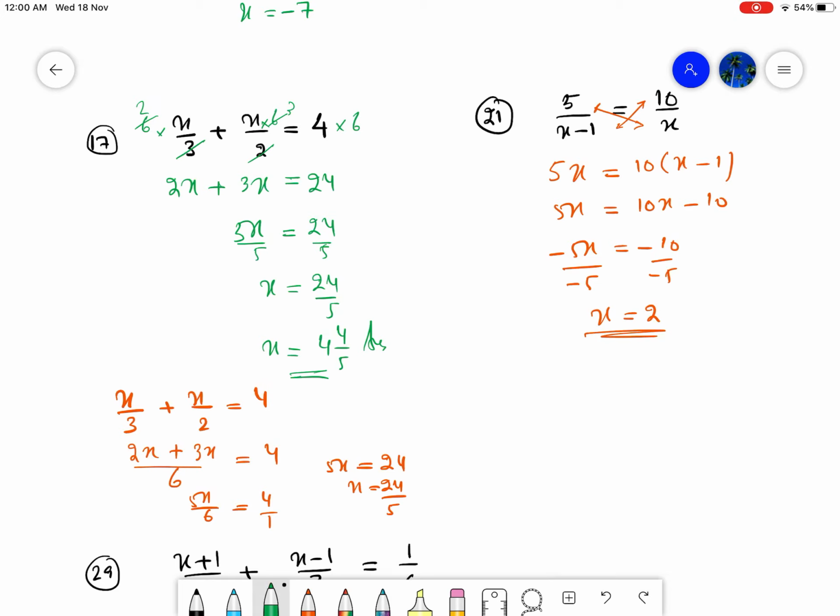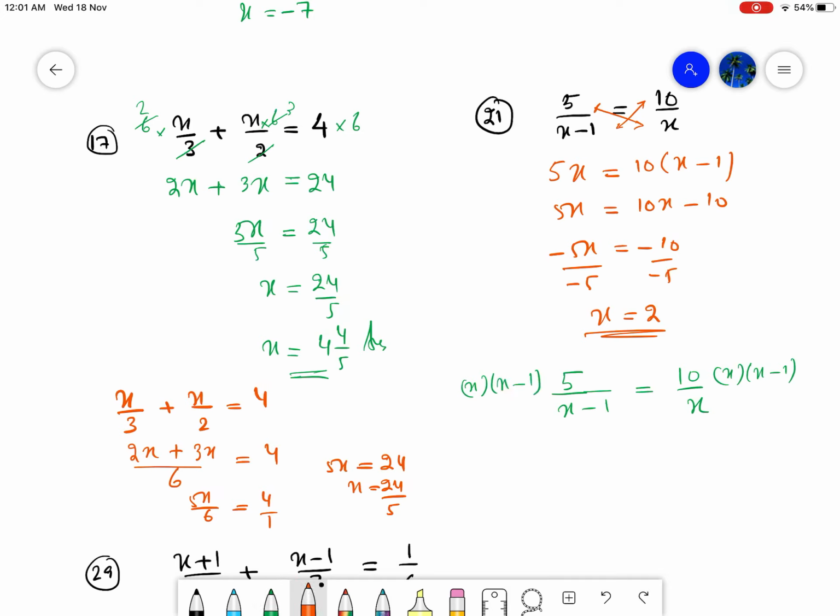Or if you want to do this question without doing the cross multiplication and using the approach of eliminating the denominator approach, you can still do that. Our denominators are x and x minus 1. So we have to multiply both sides by x and x minus 1.